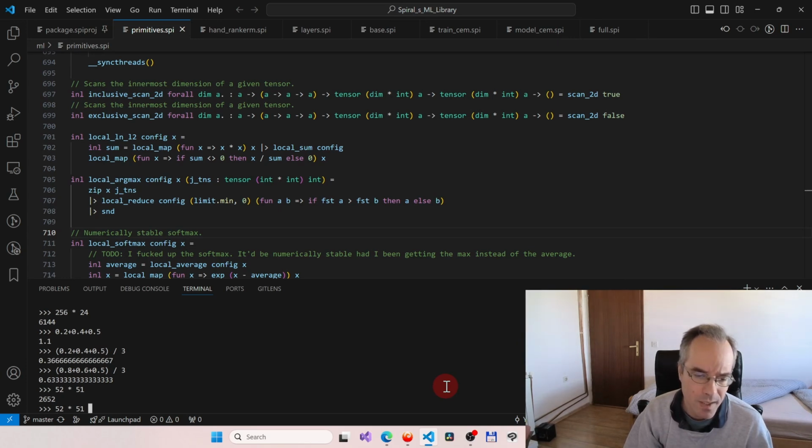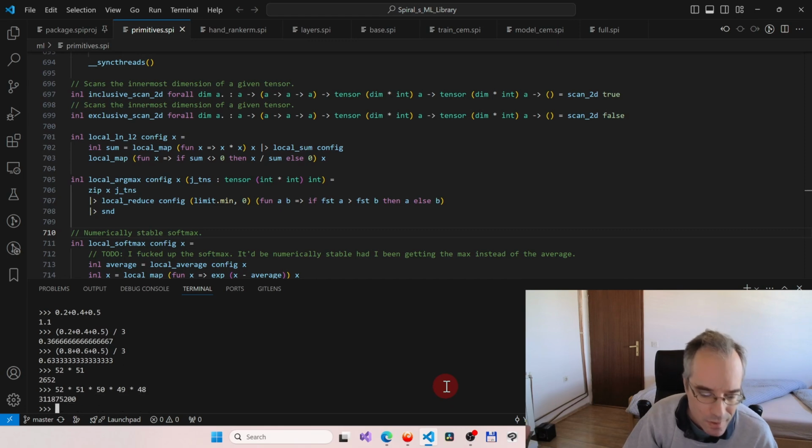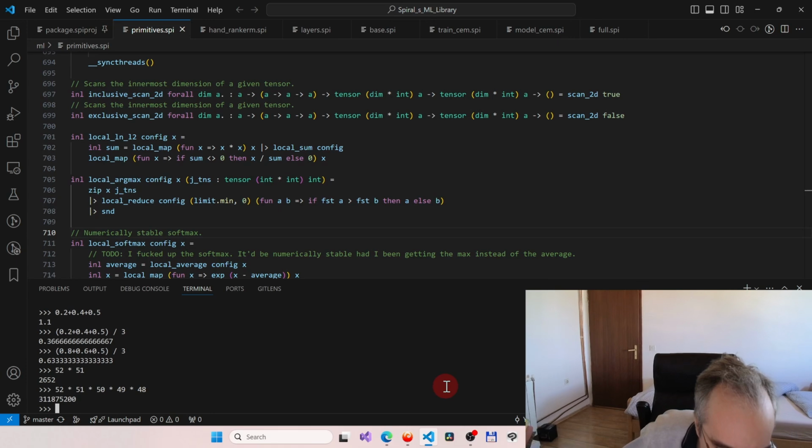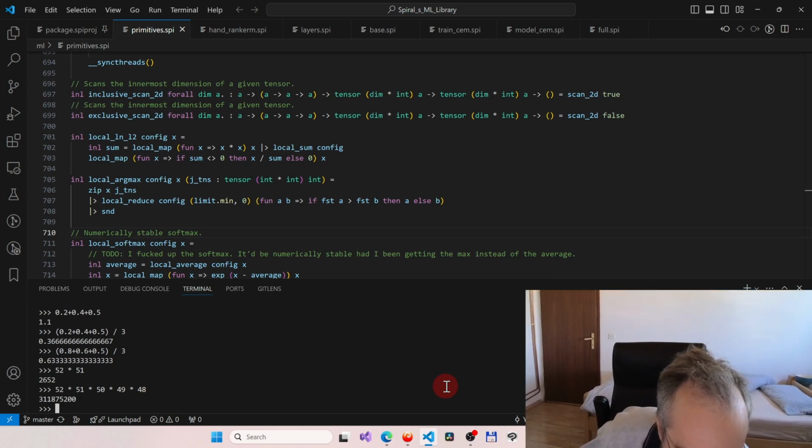Then suppose we enter the flop. We get 3 new cards which differ from the ones in the hand. So that's 50 times 49 times 48. And okay, this is 311 million.